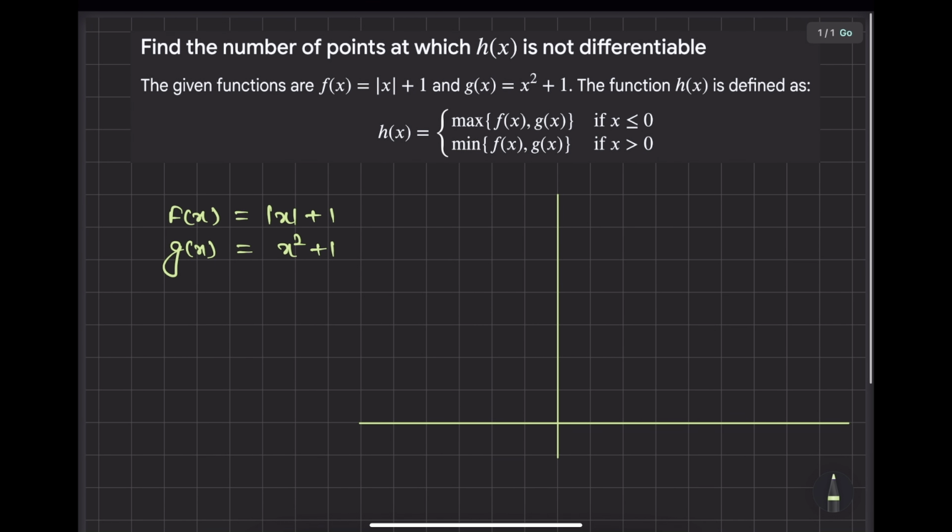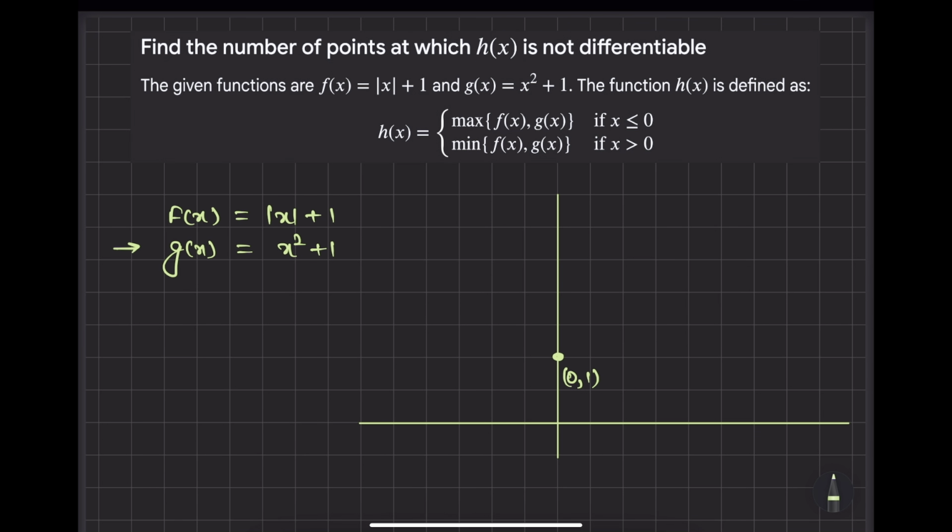So first we will try to draw the graph of the g of x function. Its vertex will be at minus b by 2a, minus d by 4a. So b is 0, so at 0 you will have the vertex. If x is 0, y is 1, so your graph will pass through 0 comma 1.